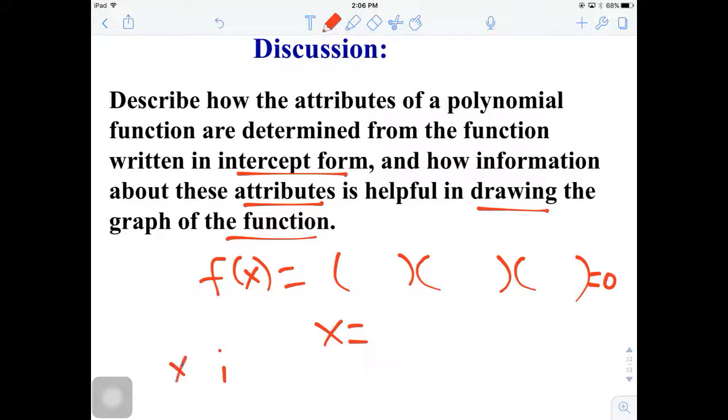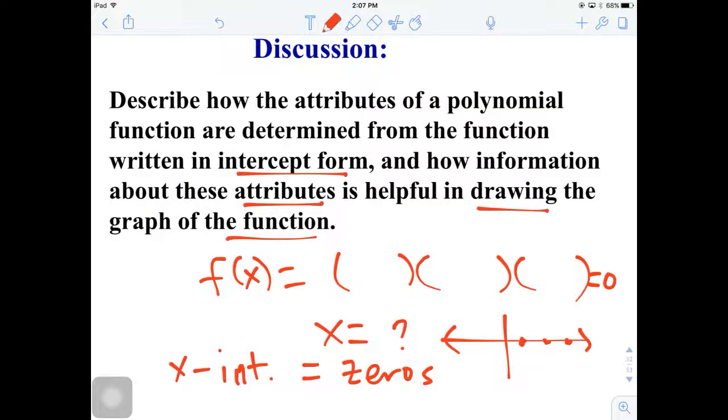It helps you get the x-intercepts, which tells you what the zeros are. So you get x equals whatever it is. It helps you label where the graph touches the x-axis. So that is how you can use that to help you draw the graph of the function.